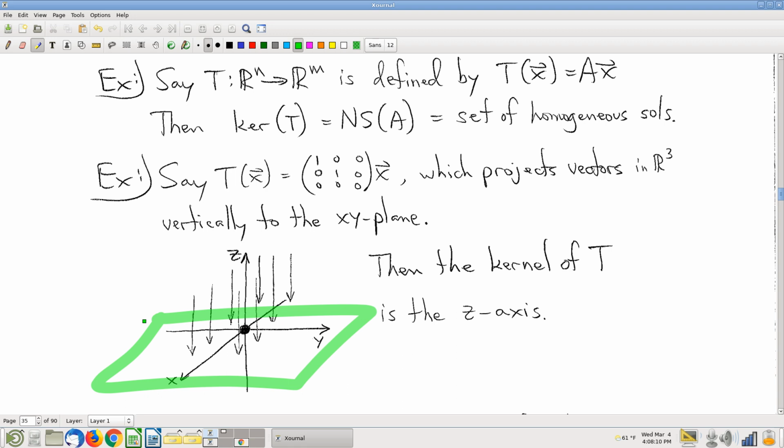And notice the XY plane is the span of that vector and that vector, and that vector, which is the zero vector, which is pretty boring. It doesn't contribute to the span. But anyway, there we are. The image is clearly the span of the column vectors. Okay. All right.